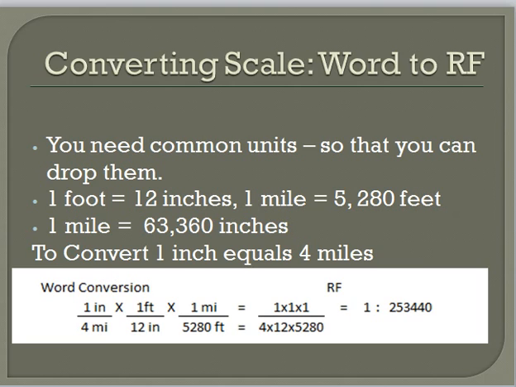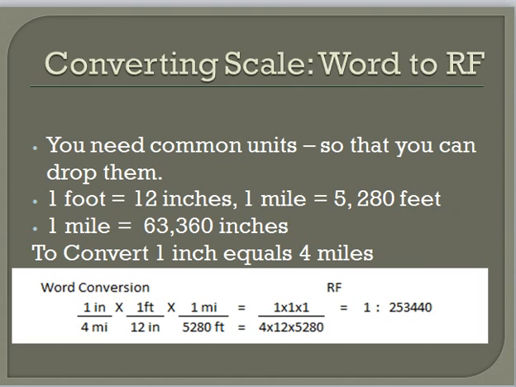So if you have a word statement that says 1 inch equals 4 miles, that needs to be converted to 1 inch equals how many inches. And so what we know is that 1 foot is 12 inches, and 1 mile is 5,280 feet.